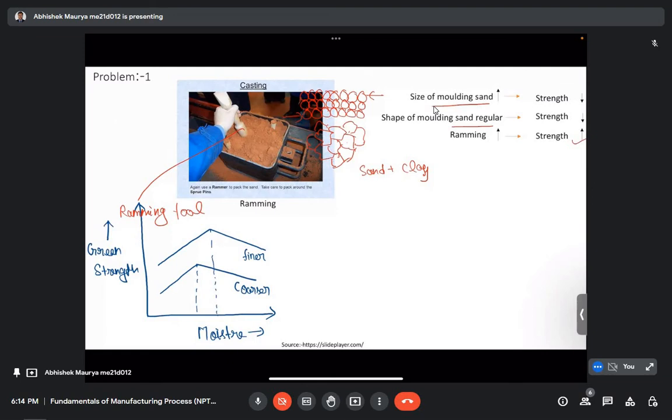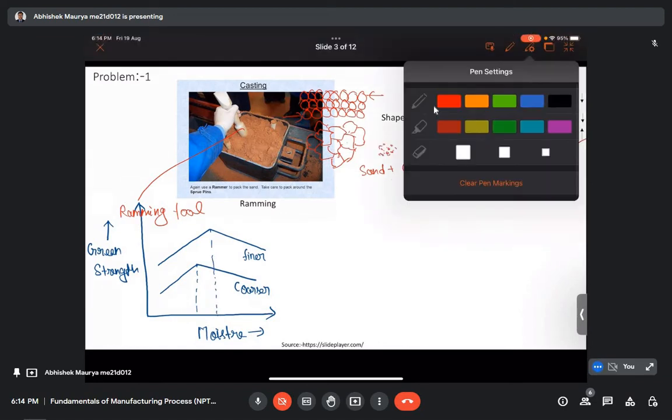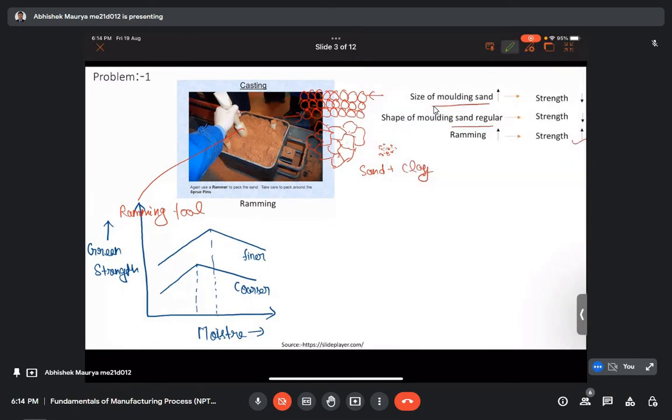Do we get any strength? They will basically be in powdered form. Suppose these are the sand, and in between we will have clay, and if we don't put any water or moisture, then what will happen? They both will remain in powder form and they won't take any permanent shape.